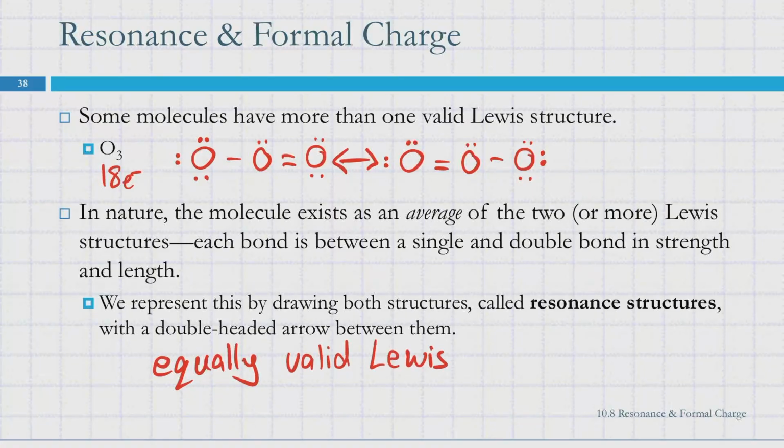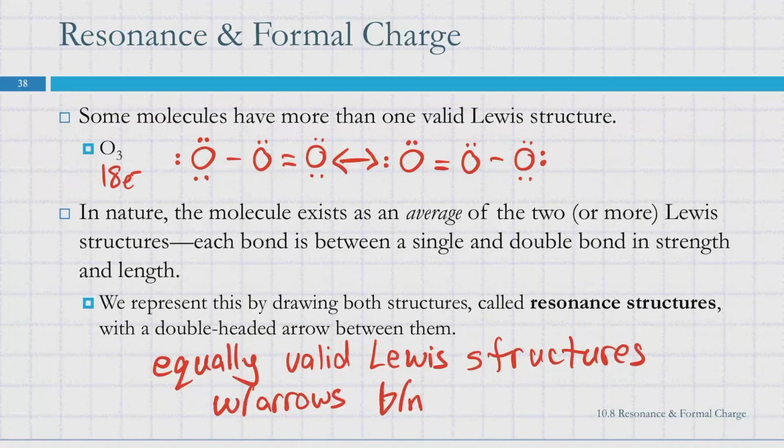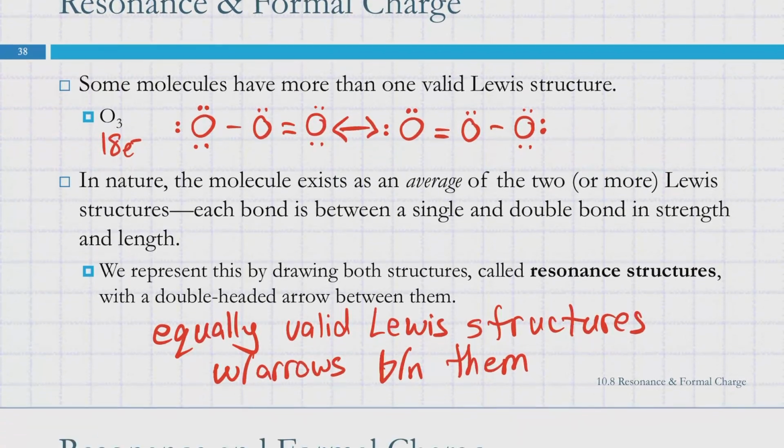So we have equally valid Lewis structures with arrows between them. The double-headed arrows show that it's switching back and forth between the 2, or it can be both.